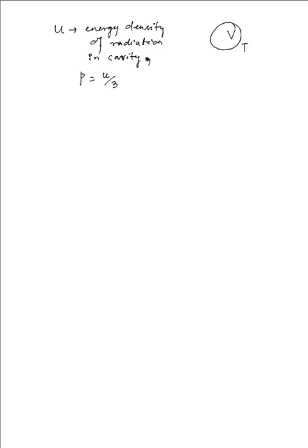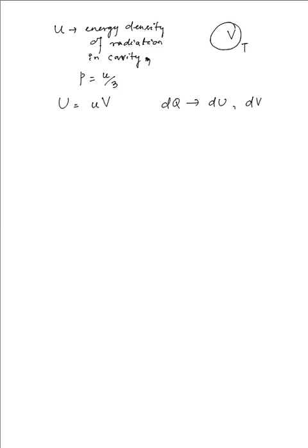Now, the total internal energy U will simply be equal to the energy density, that is the energy per unit volume, multiplied with the total volume V. Now, if dQ is the amount of heat that the system absorbs, then the internal energy changes by dU, while the volume changes by dV.